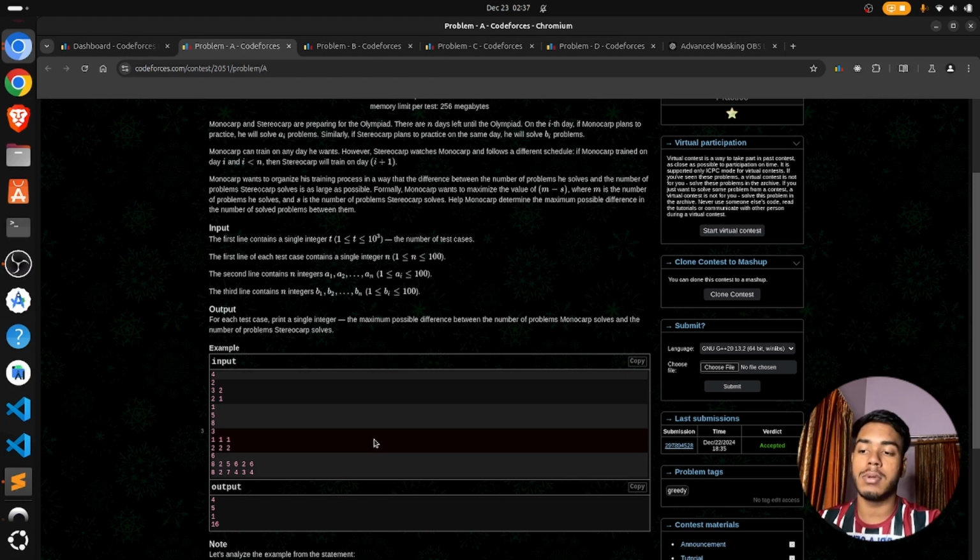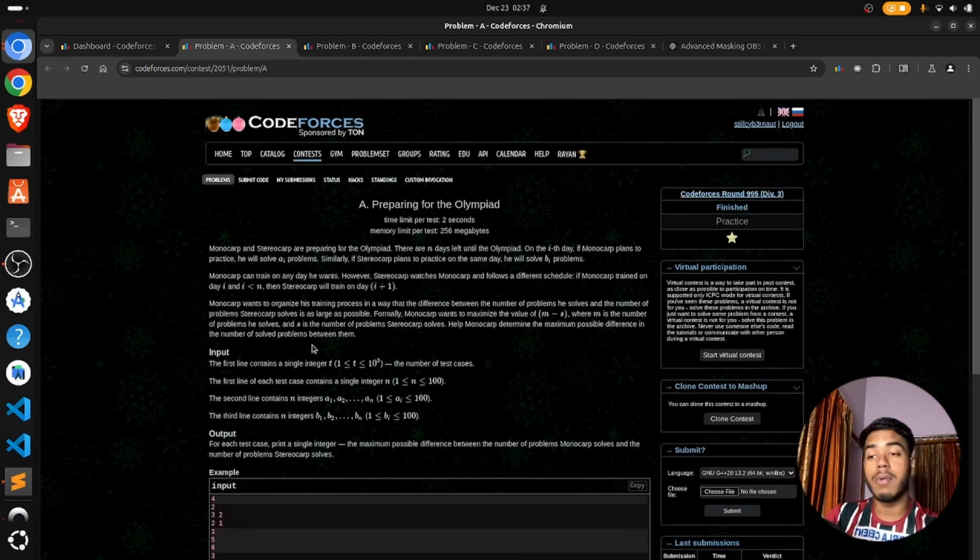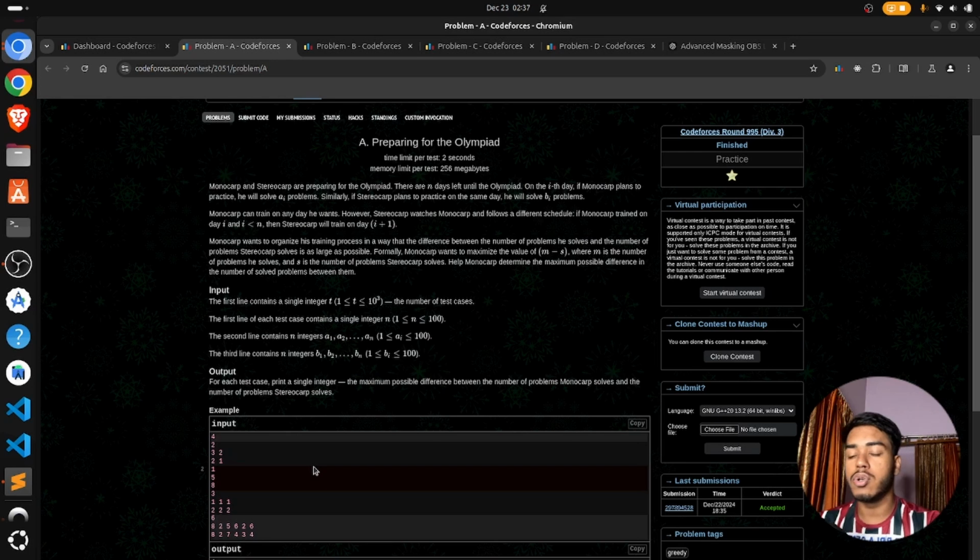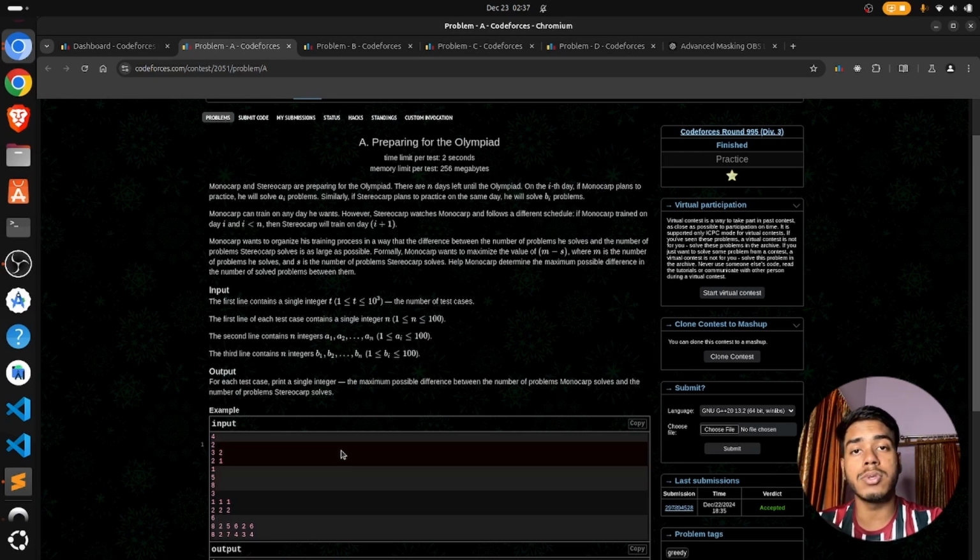Because after watching Monocarp, Stereocarp will try to solve those, and Monocarp wants to make the difference between the number of problems solved as high as possible. So Monocarp will only solve problems on the day where on the next day Stereocarp solves fewer problems, or equal problems, not equal, fewer problems.